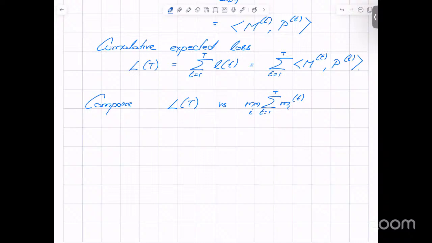We want to compare L of T against this. Is that clear? We will do more or less the exact same analysis. We will use the same potential function. We'll analyze it as before and find out how things change.